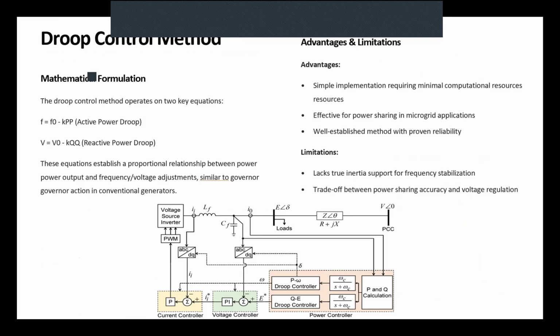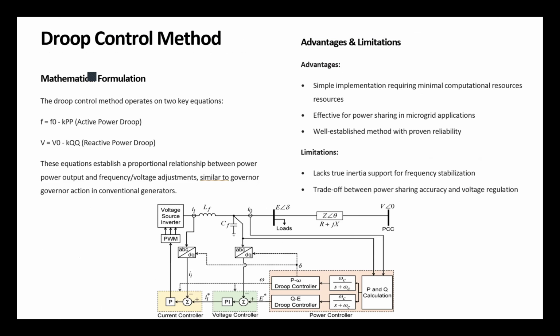Now, droop control system. If you want to be introduced to how the droop control works, the mathematical formula is that, as we said, the grid forming inverter wants to indicate or mandate a certain frequency and voltage at the terminal. We are going to use that to address the need for active power and reactive power injection.